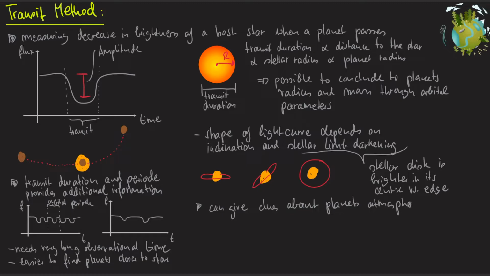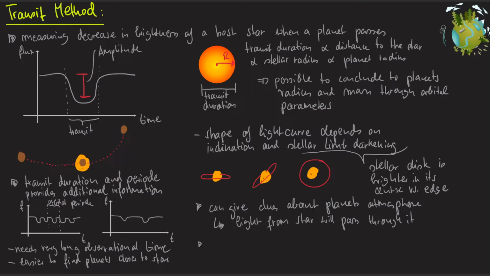We can also get clues about the planet's atmosphere, because the planet is in front of the star. So light from the star goes through the planet's atmosphere, and then we have a change in the light. Some light gets absorbed by the atmosphere of the planet, which then enables us to conclude the chemical components of the atmosphere.